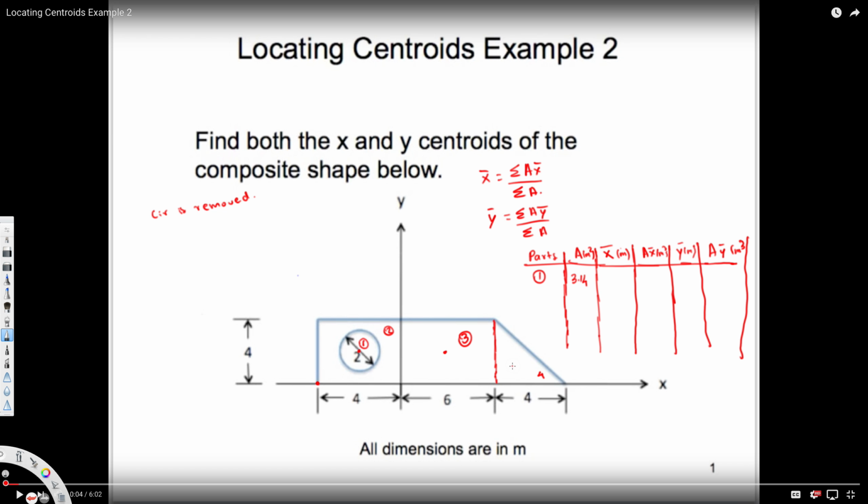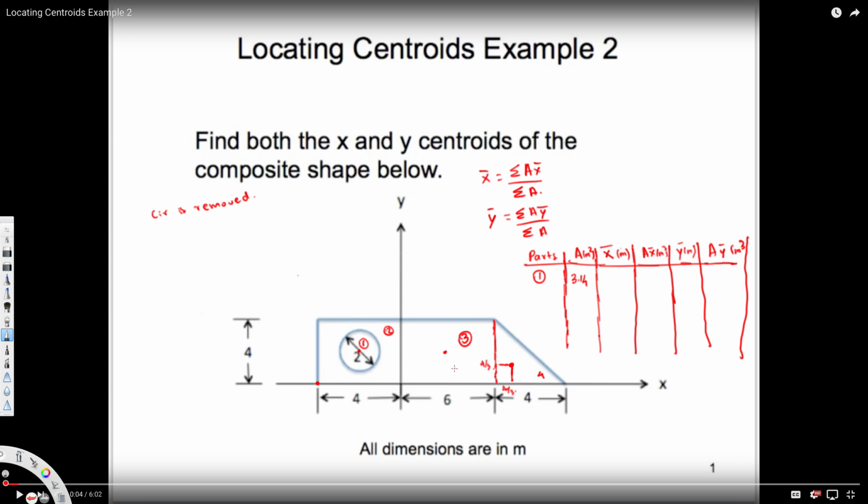That's a general thing to remember: it's always 1/3 for the triangle. For the circle, the square, and the rectangle, the centroid is exactly in the middle, but for the triangle, it's going to be 1/3. So it's going to be 4/3 right here, and also here it's going to be 4/3. That's how we calculate the centroid for the triangle.